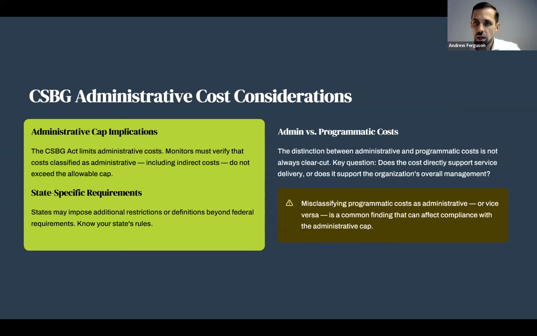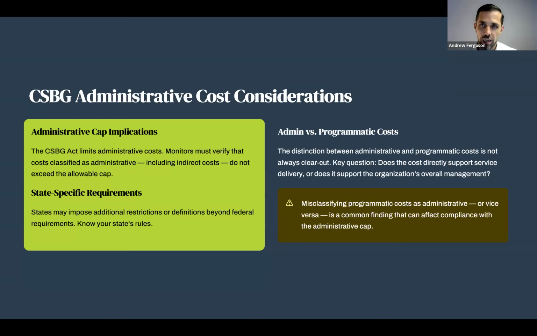A lot of this she's really already covered in this section, but just some general cost considerations. I think the biggest thing, hearing from Hugh earlier, and I completely understand, is that CSBG has the framework of admin versus program, and then uniform guidance has the framework of indirect versus direct.